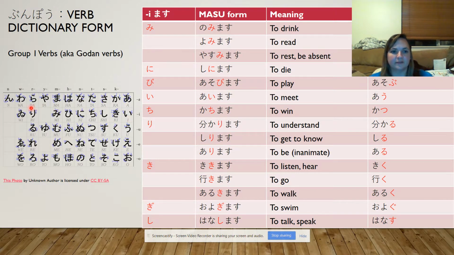So let's take a look at some of those. If we look over here, we have the different types of E sounds that you're going to come across, and then the examples of the verbs you're going to see. Unless you're really colorblind, you'll be able to see that sound highlighted in red for you.